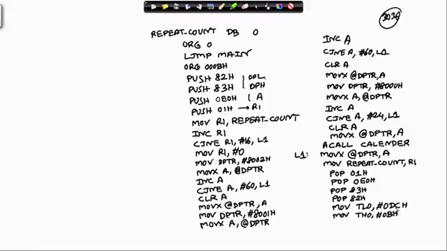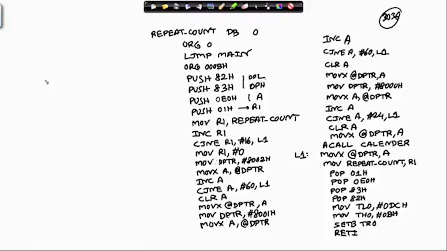So, this number 0BDC is actually that 3036 value. Then I have to set the timer, SETB TR0, so that the timer is enabled and it will again interrupt the system when the timeout occurs. This is the end of the interrupt service routine.